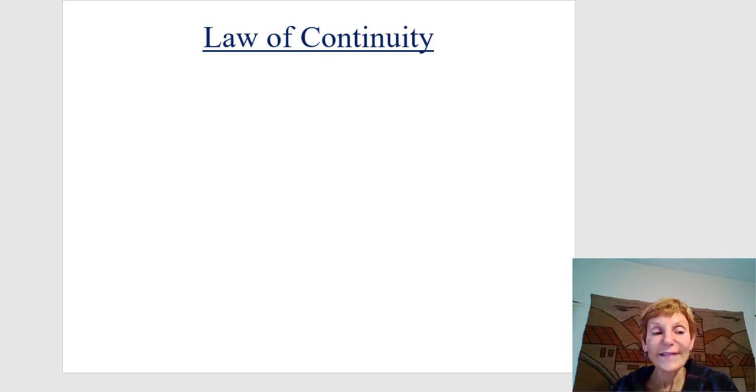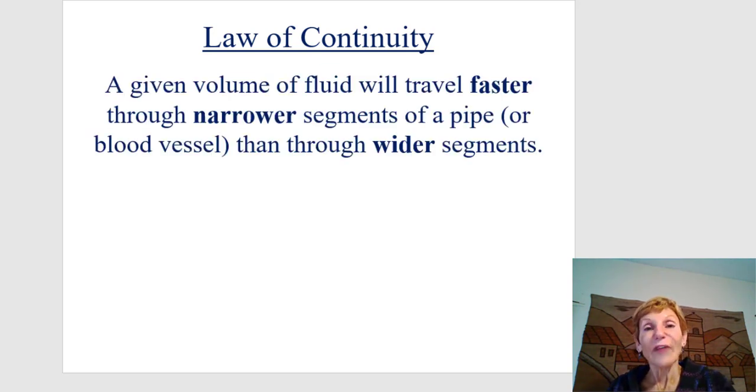It states that a given volume of fluid, so if you have a certain volume of fluid and you're sending it through a pipe or a blood vessel, that set volume of fluid will travel faster through narrower segments of the blood vessel than through wider segments. So a given amount of fluid will flow faster through narrower segments than wider segments.